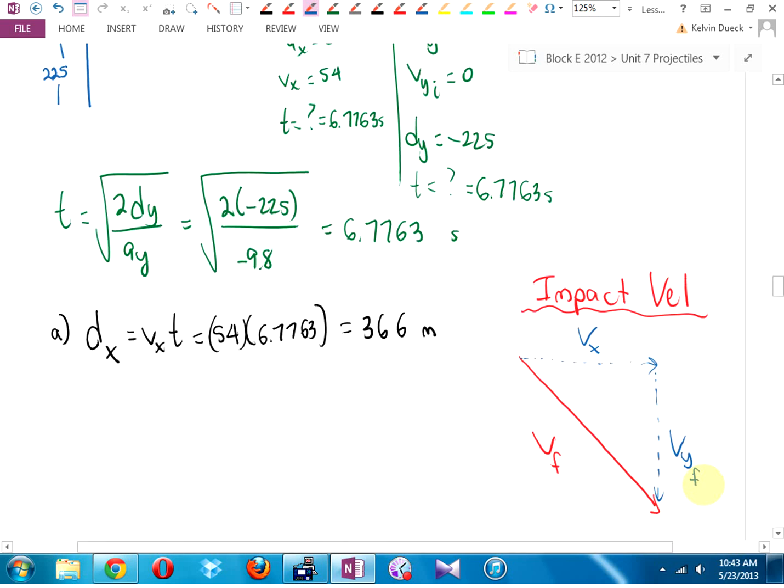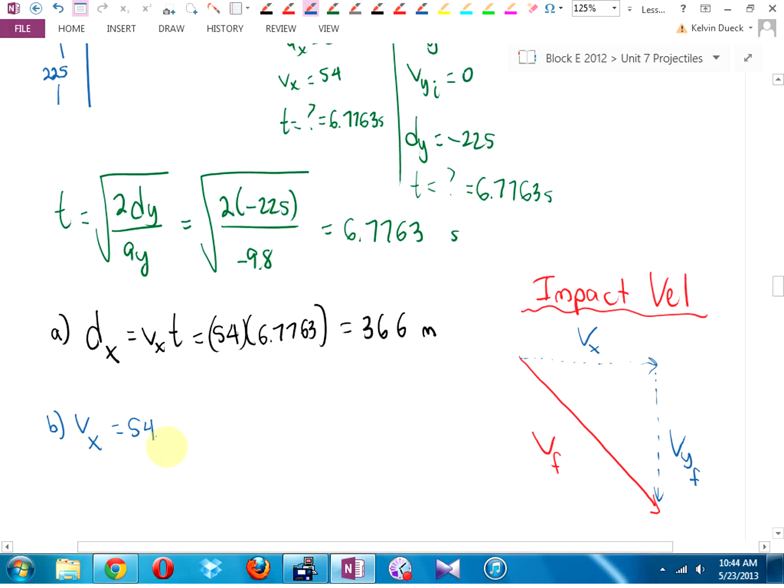So now let's start to answer questions. What did B want me to find? The horizontal component just before it hits the ground is 54, right?